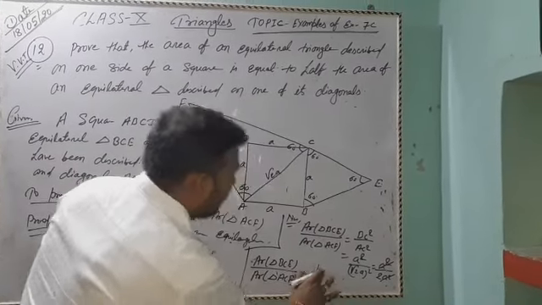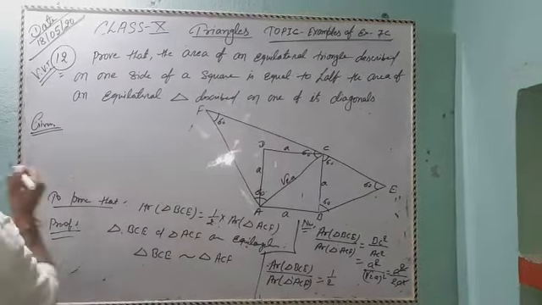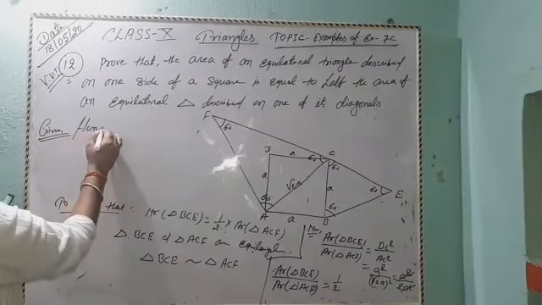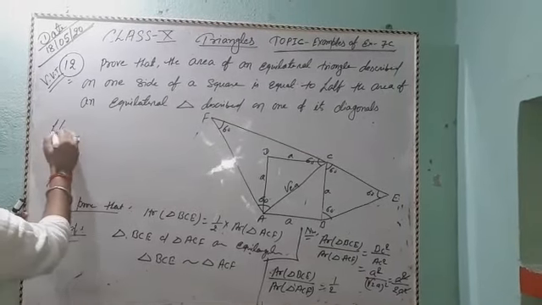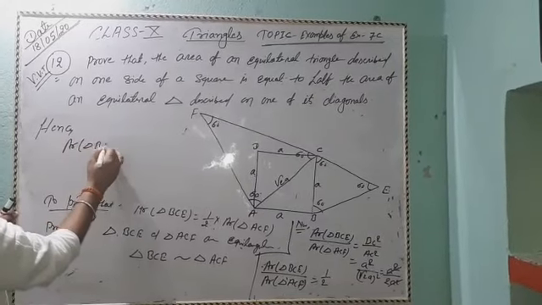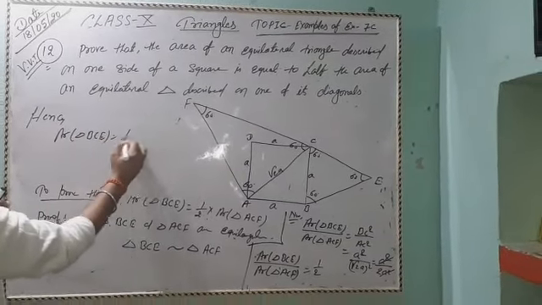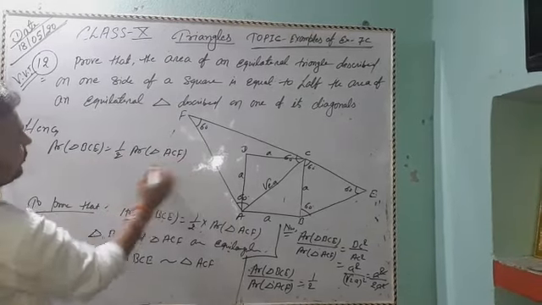Hence the area of triangle BCE equals half the area of triangle ACF.